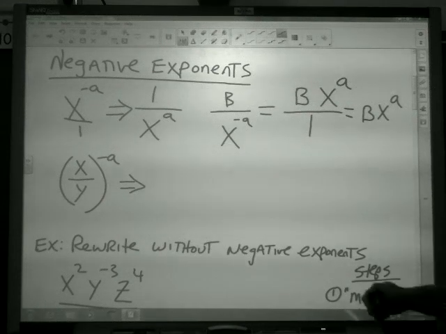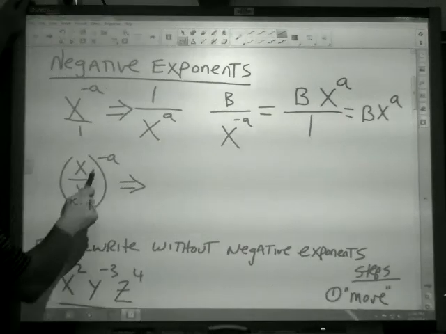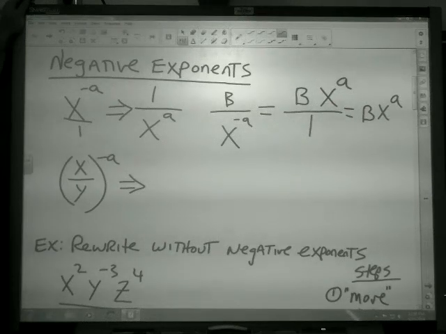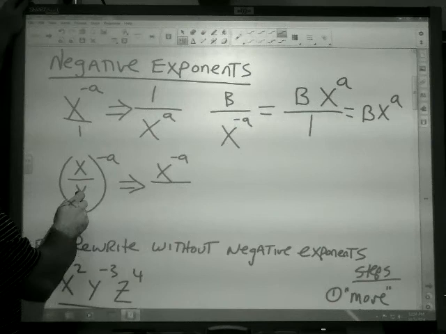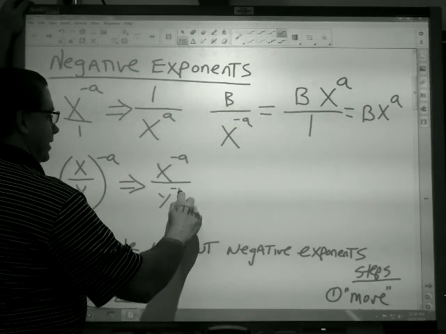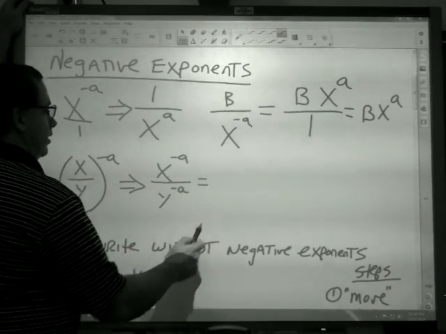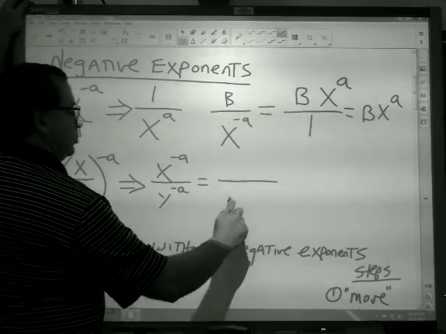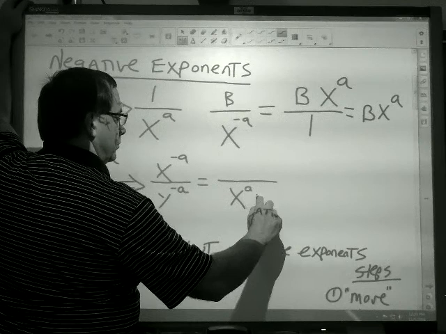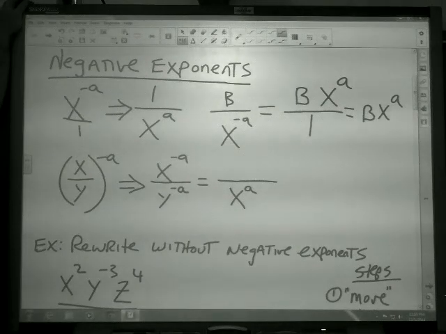Okay? If I have a whole fraction raised to a negative exponent, that's the same as raising x to the negative exponent and raising y to the negative exponent. Well, again, if this is raised to a negative exponent, if it's on the top, it moves to the bottom. Keep the exponent, but no longer negative.